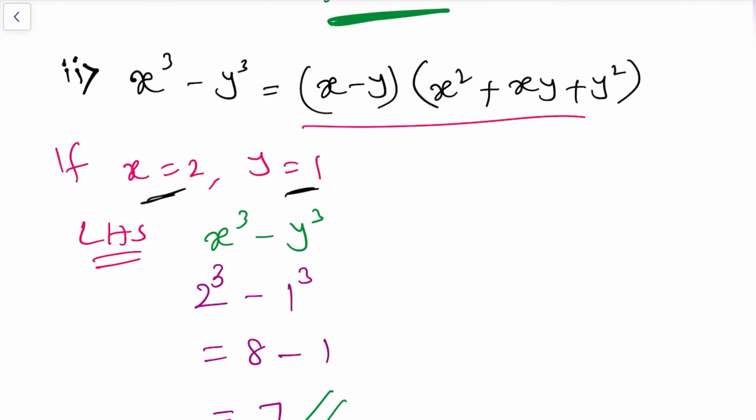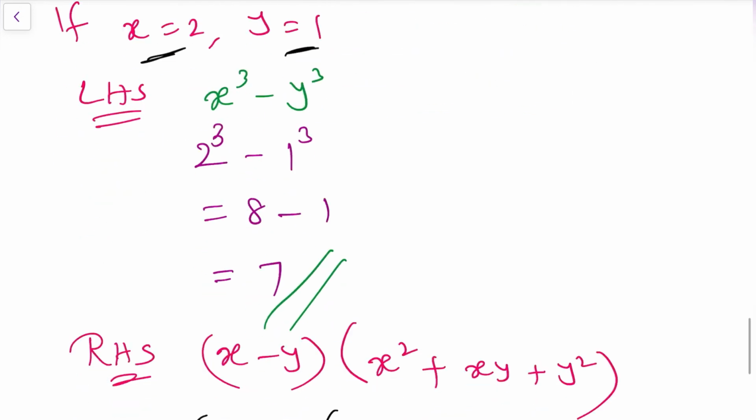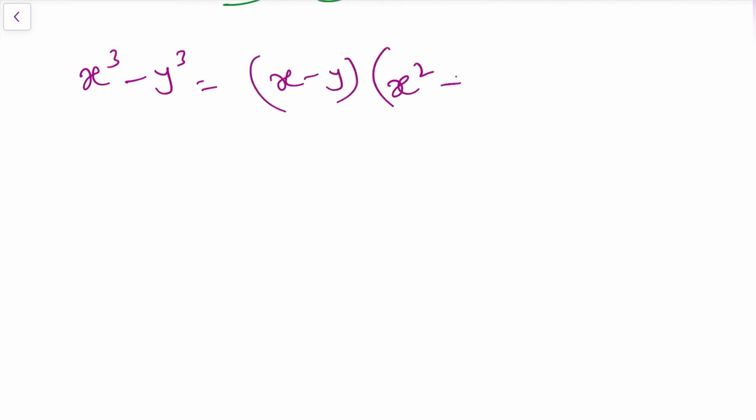Now, by actual multiplication, let us check. I am writing the formula again. x cube minus y cube is equal to x minus y into x square plus xy plus y square. LHS is already simplified, so I am going to solve only the RHS.